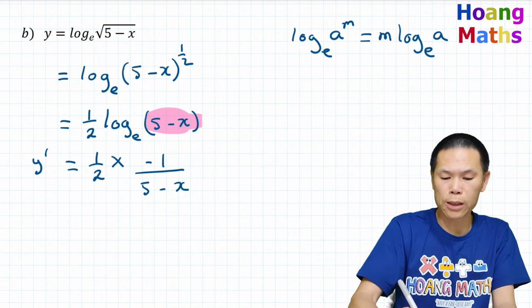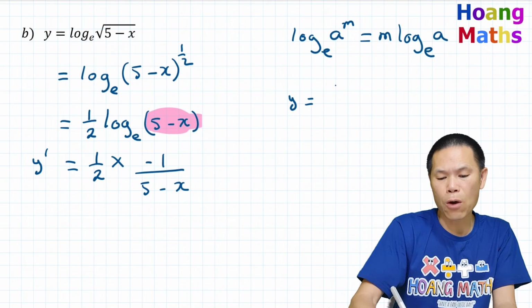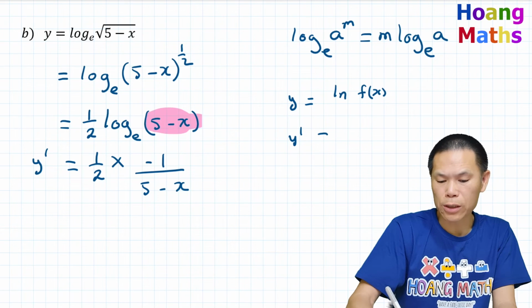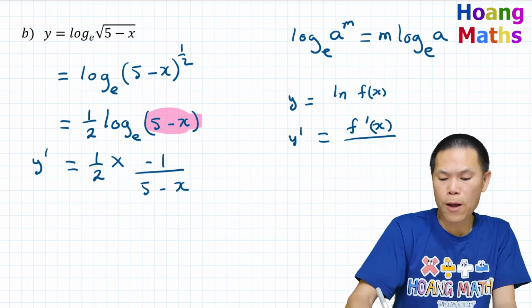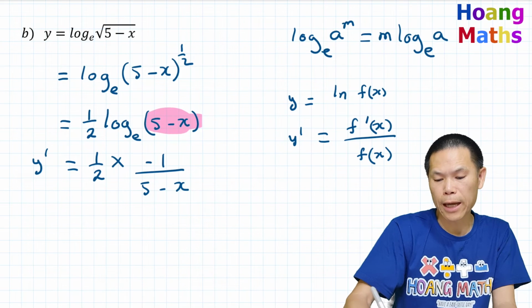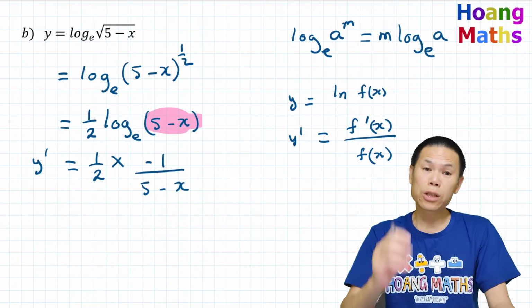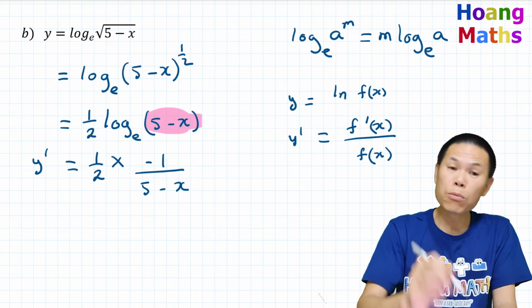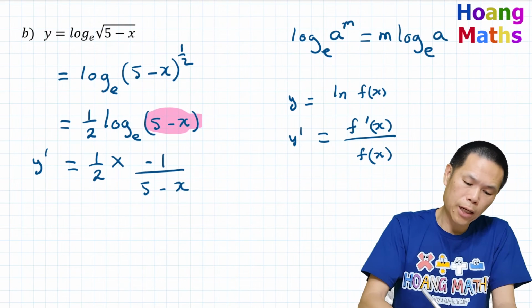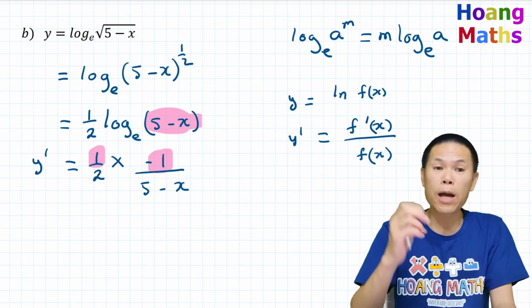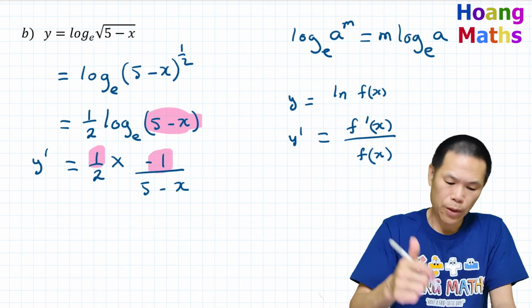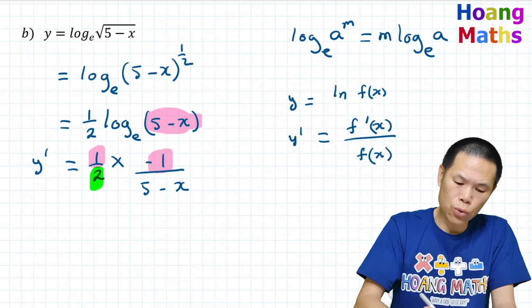Okay, what I use here is y is ln of f of x, so y dash is equal to f dash x over f of x. That's what I just did. So now just to simplify this, the numerator we times together. In other words, 1 times negative 1 is negative 1. And then we have 2 times this.